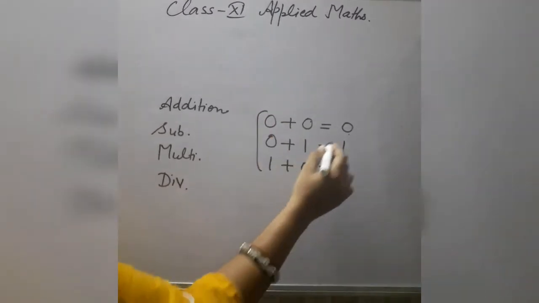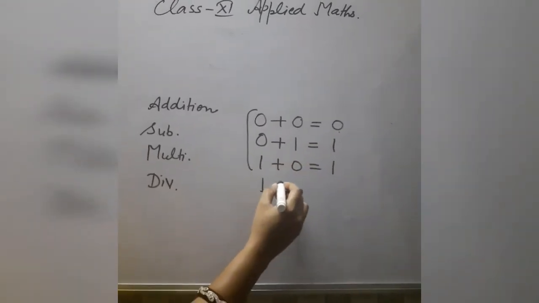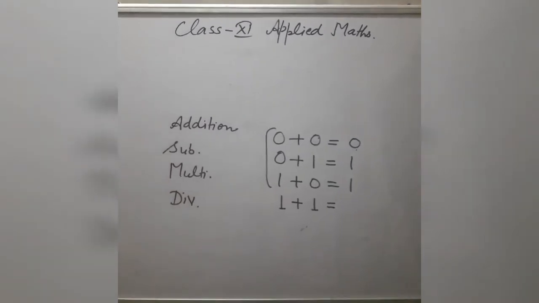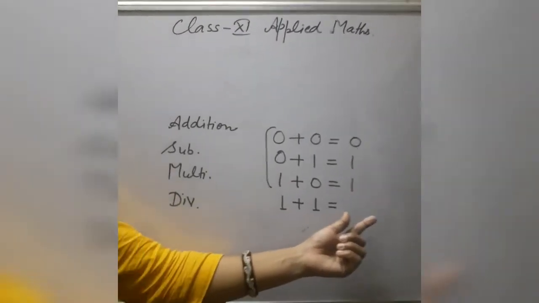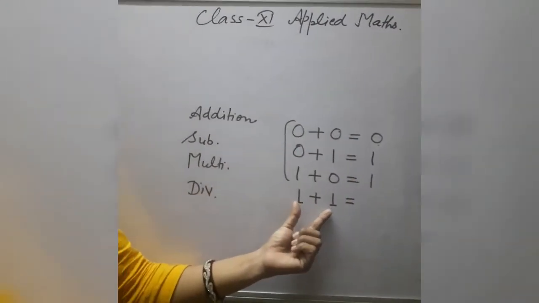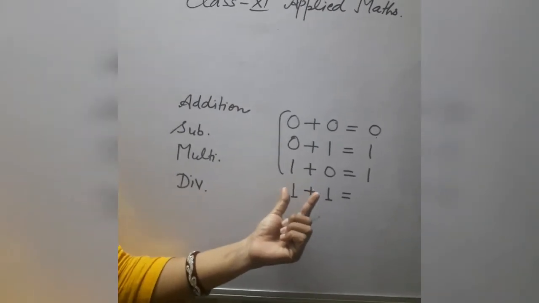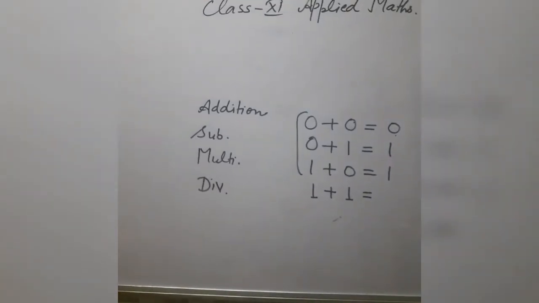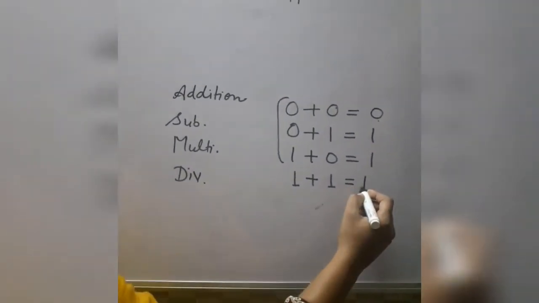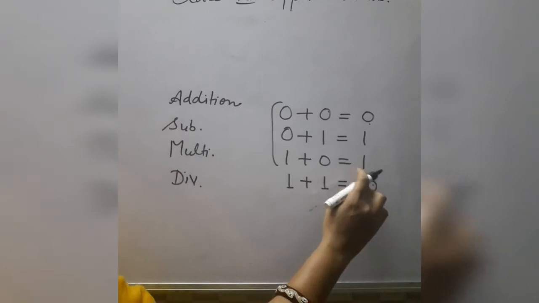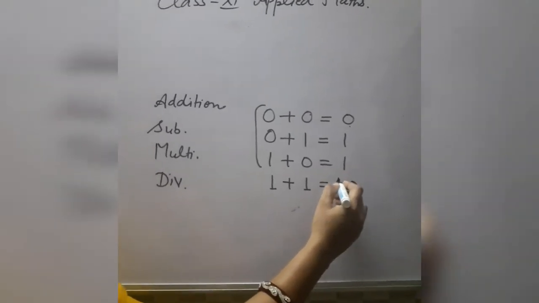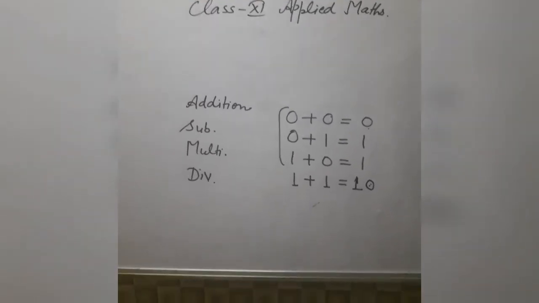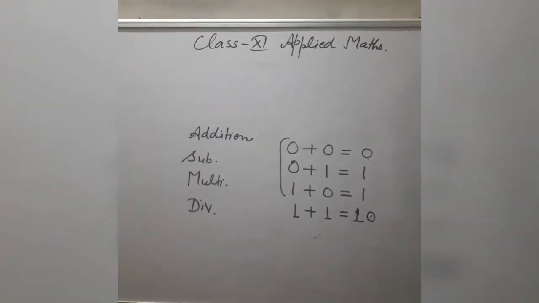This is the same as decimal numbers. Now see the last, this is different. 1 plus 1 in decimal is 2, but in the binary number system only 2 digits are used, 0 and 1. So 1 plus 1 will be equal to 10, but you will write down this 0 and this 1 you will take as a carry to the next column.